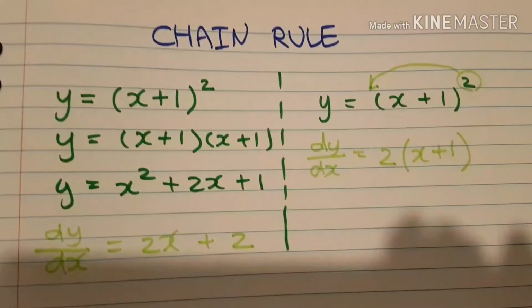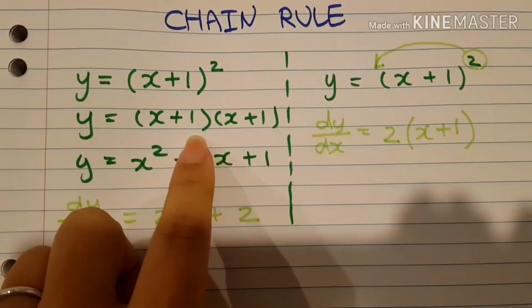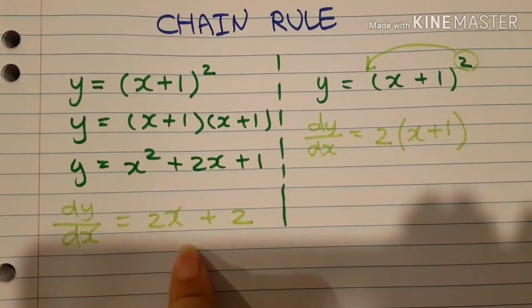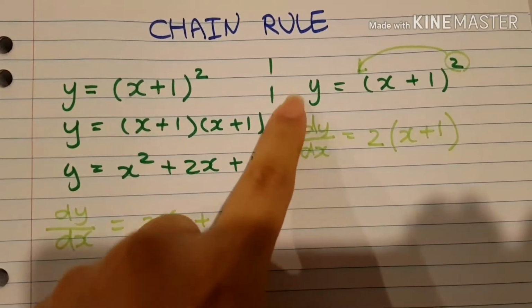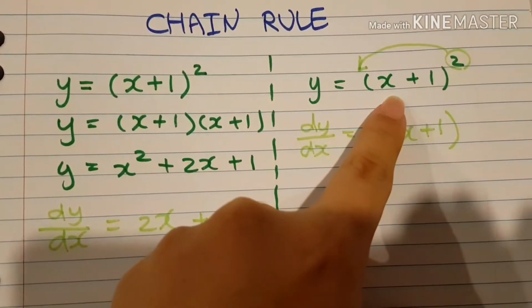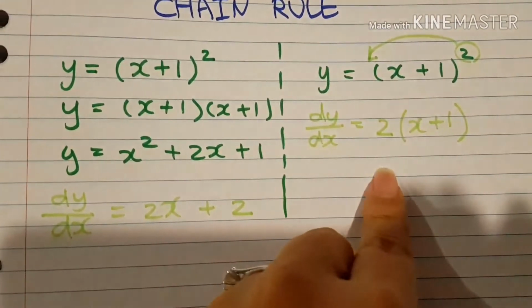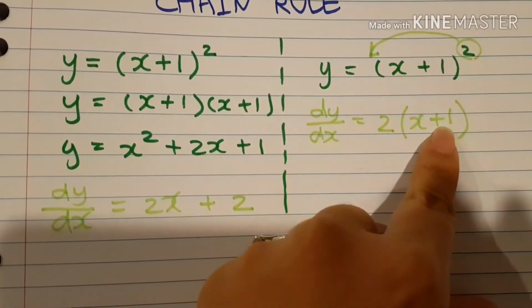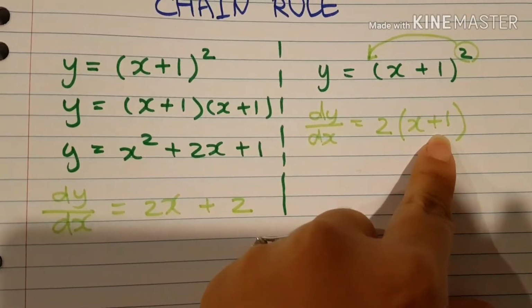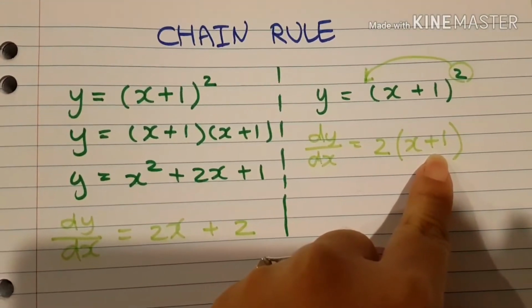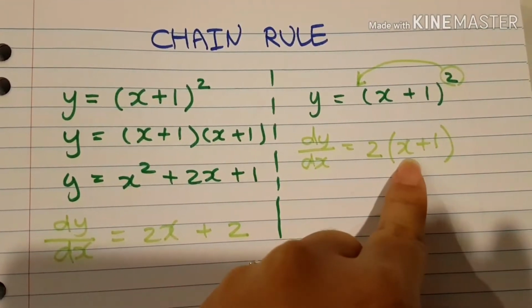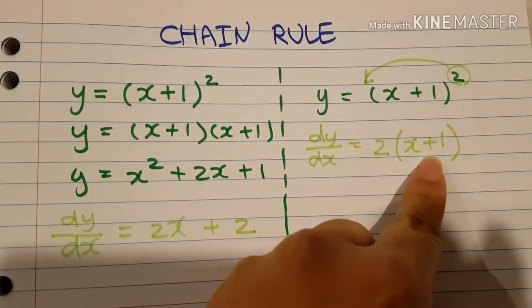So, without expanding the bracket and simplifying, to differentiate the equation, straight away what I'm going to do, having the bracket, I'm just going to simply pull down the 2 in front and keep the bracket as it is. But what's different is you have to differentiate once again what's in the bracket.